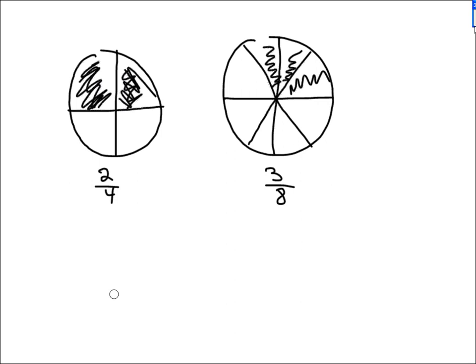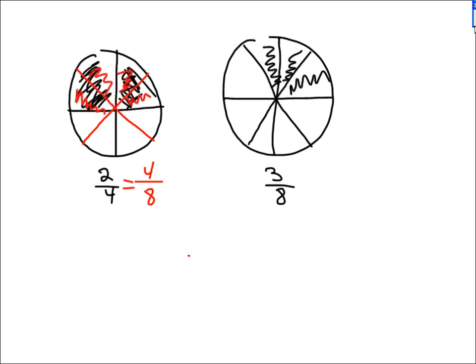But if I were to take this other pie and cut it into 8 pieces, now, out of the 8 pieces, you had 4. You had this one, and this one, and this one, and this one. These are actually said to be equal: 2 out of 4 is the same as 4 out of 8.